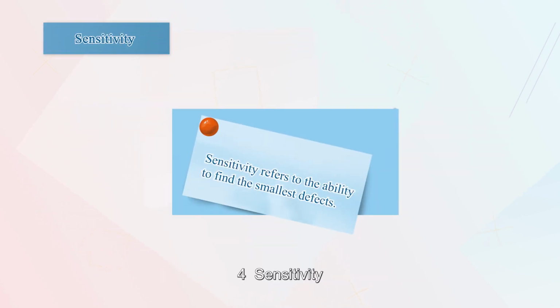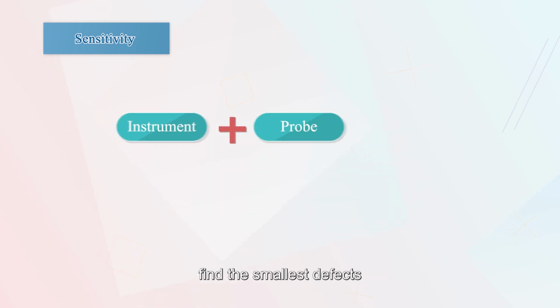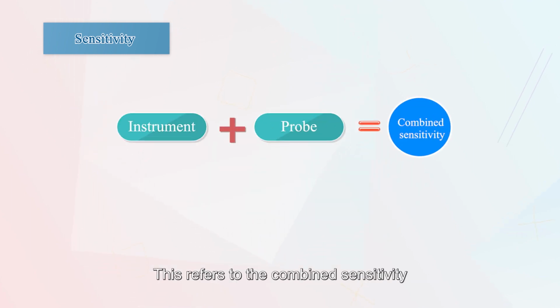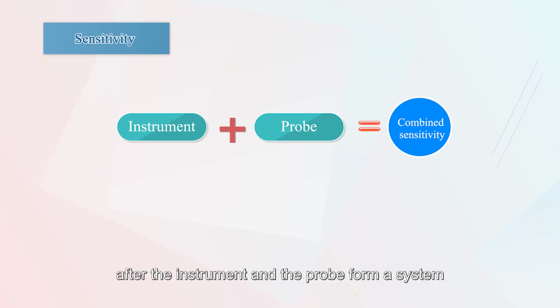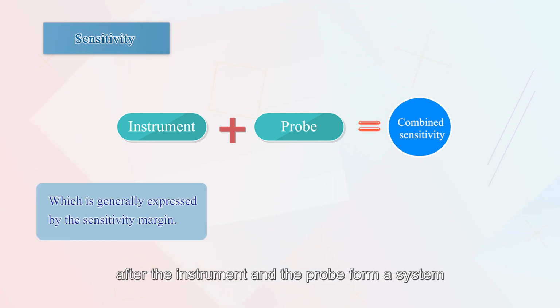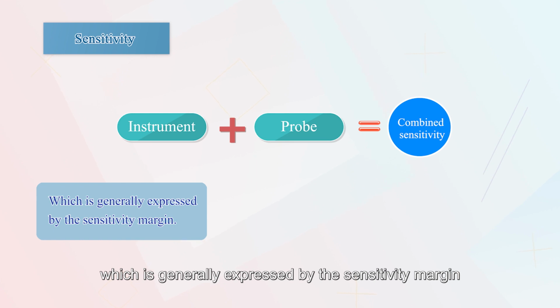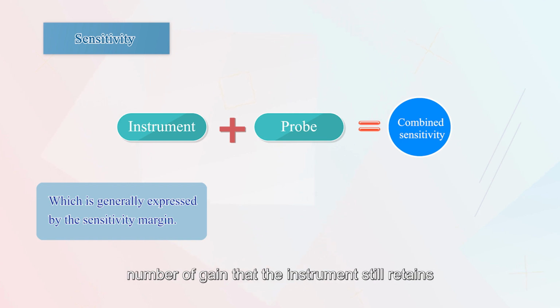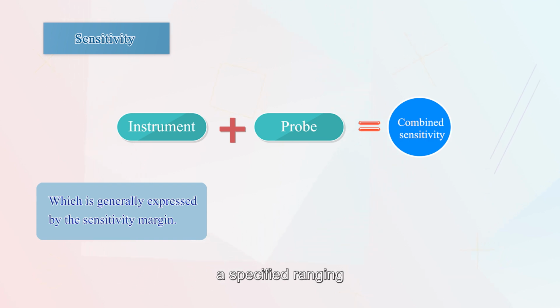Sensitivity. Sensitivity refers to the ability to find the smallest defects. This refers to the combined sensitivity of the instrument and the probe system, which is generally expressed by the sensitivity margin. The so-called sensitivity margin refers to the dB number of gain that the instrument still retains when the ultrasonic testing system detects a specified range, aperture, and shaped artificial reflector to obtain echoes.